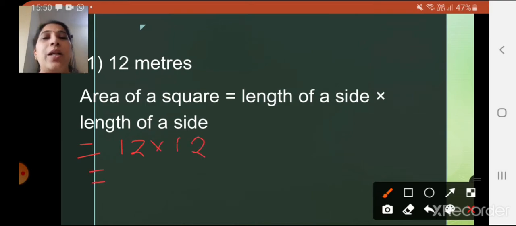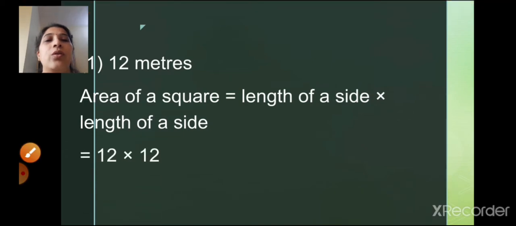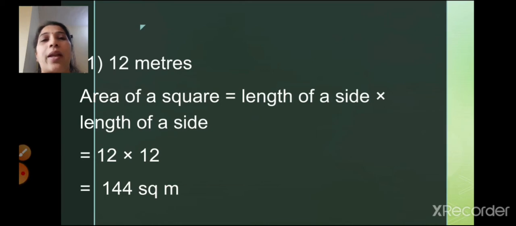Now 12 twos are 24. So 2 carried over, 12 ones are 12, plus 2, it becomes 14. So you get the answer 144, right? So you will write 144 square meter. Remember children, we are finding out the area. So whenever you are calculating the area, you have to write square, right?